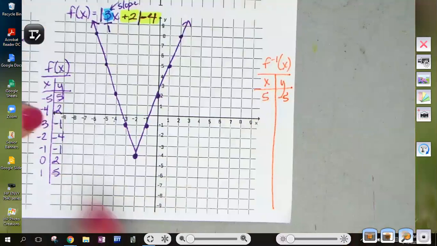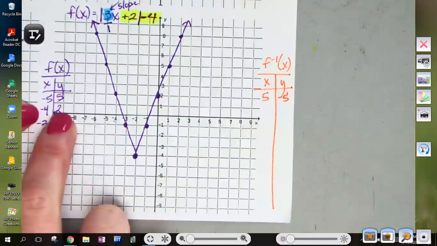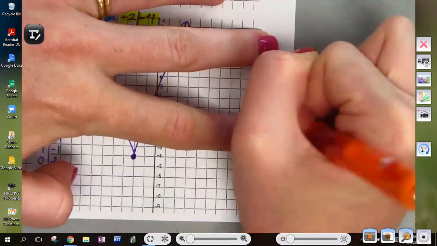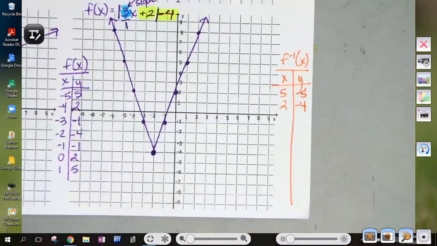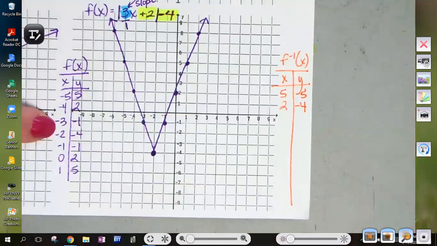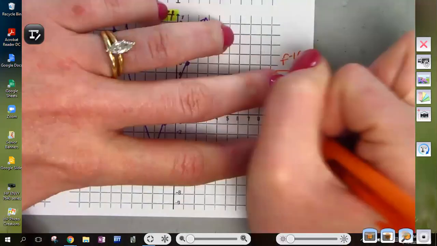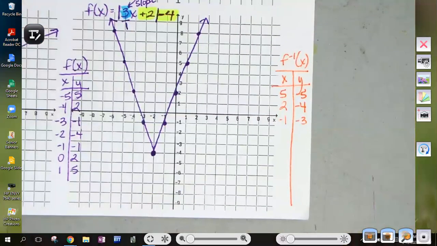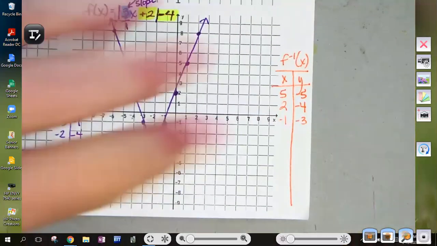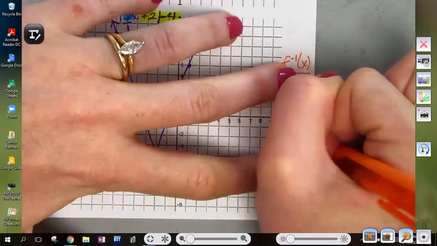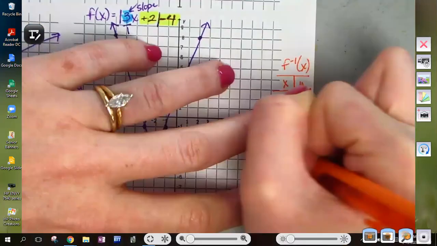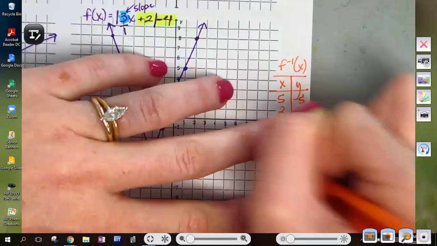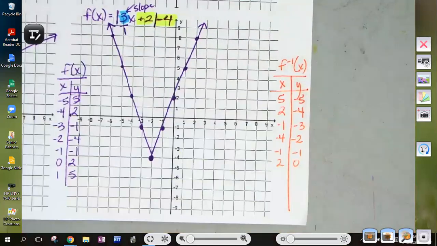Okay, -4, +2 becomes 2, -4. Don't switch their signs, just switch the numbers. -3, -1 becomes -1, -3. -2, -4 becomes -4, -2. -1, -1 is -1, -1. 0, 2 becomes 2, 0, and then 1, 5 becomes 5, 1.